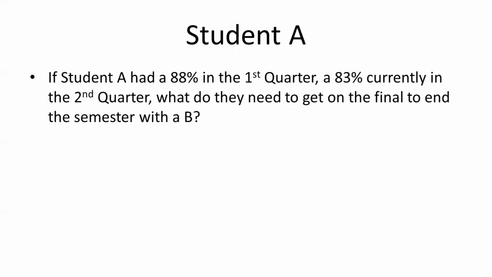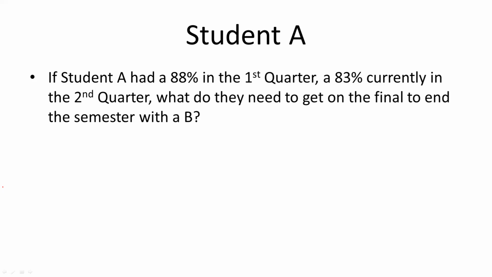Okay, so these are some scenarios where we are just calculating grades using that equation that I showed before. Okay, so if student A had 88% in the first quarter, currently has 83% in the second quarter, what do they need to get on the final to end the semester with a B?